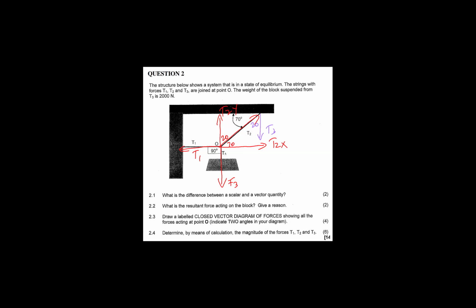Okay. Therefore, we're going to start with T3, of course. Let me draw it here. We start with T3. This is T3. And this is T1. T1 is going to the left.